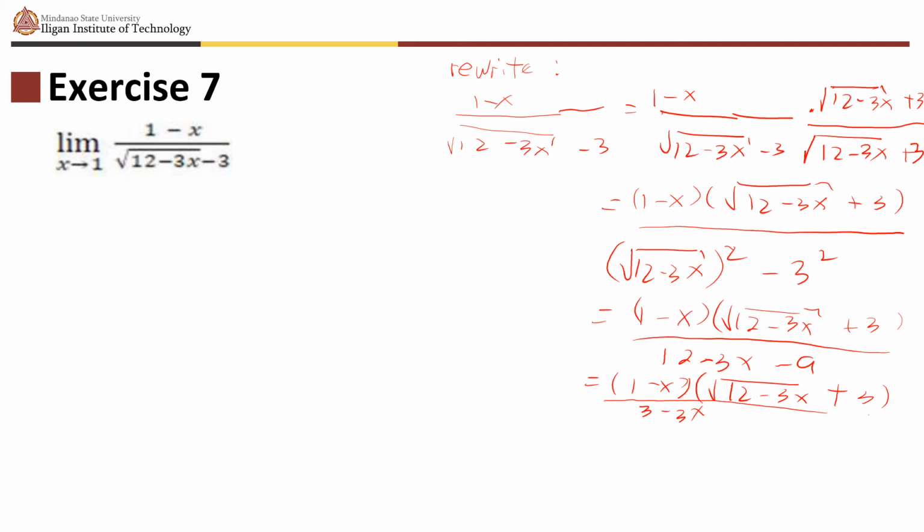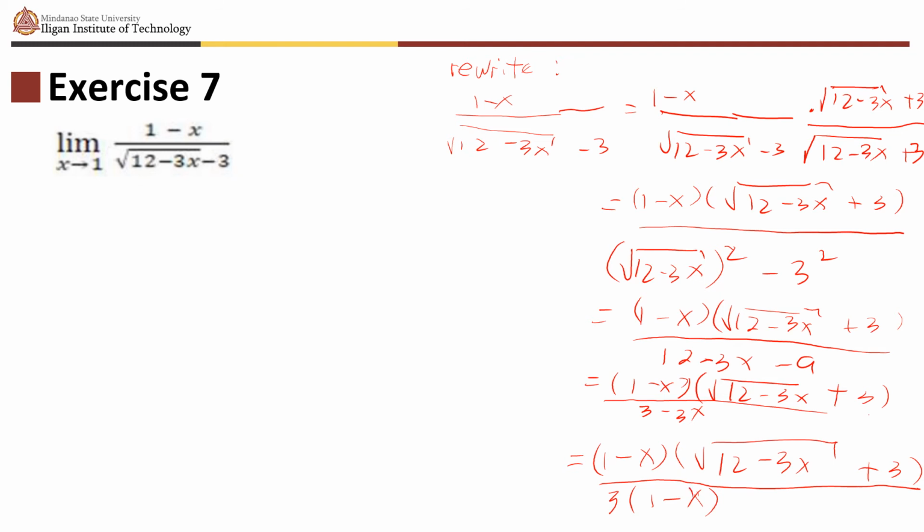So that is equal to 1 minus x times the quantity square root of 12 minus 3x plus 3 all over, you can factor out 3, so 3 times 1 minus x.